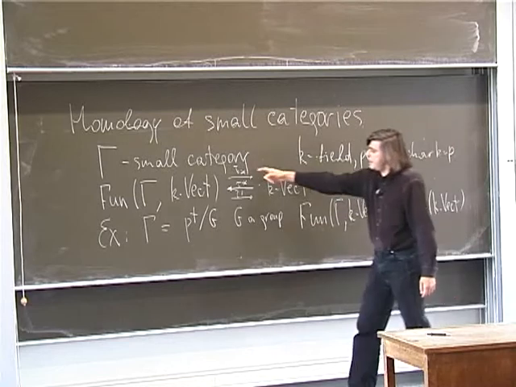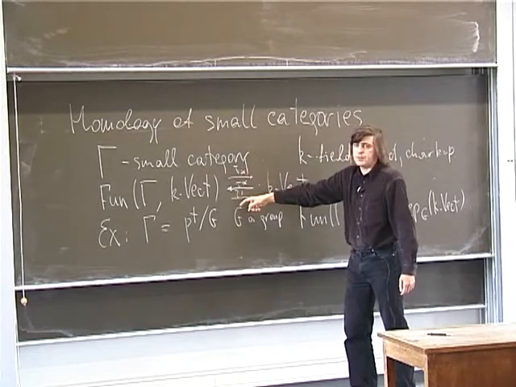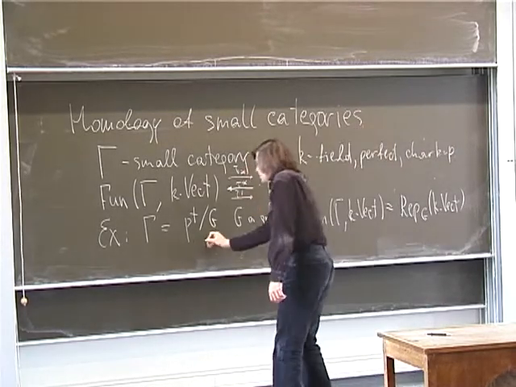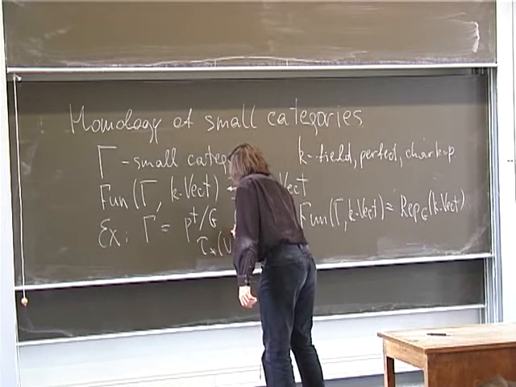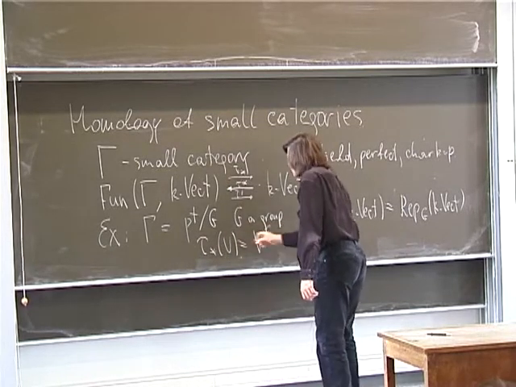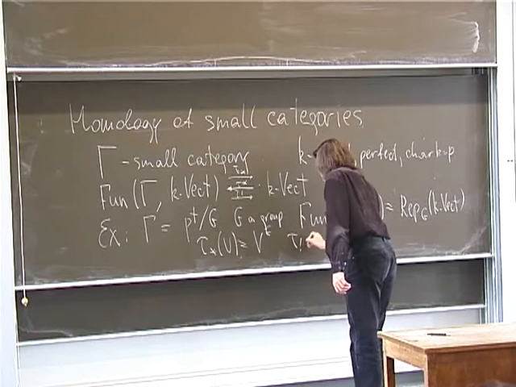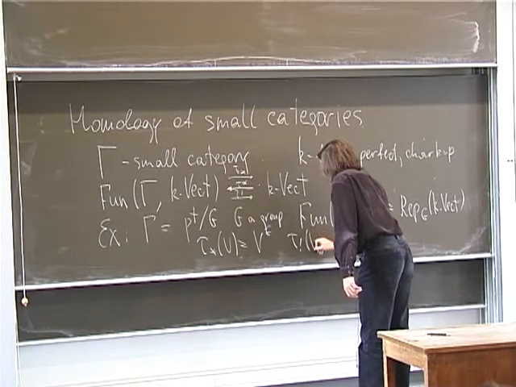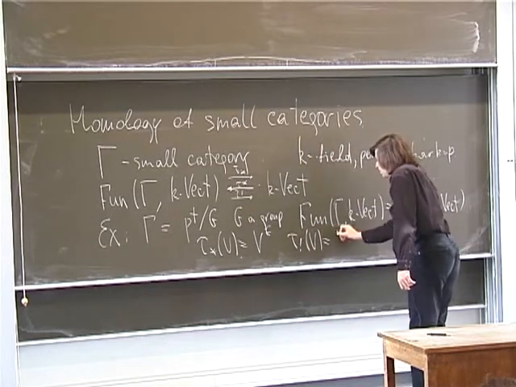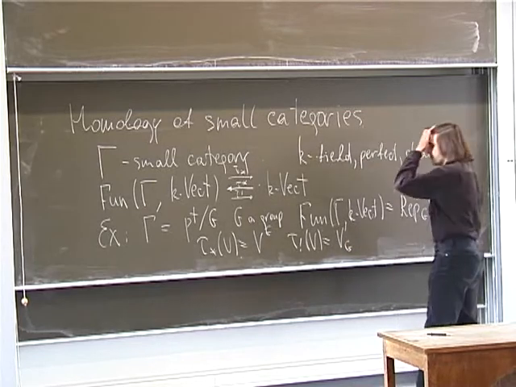And then these two functors are invariants and co-invariants. So this is the functor of invariants, and these are co-invariants with respect to the group.